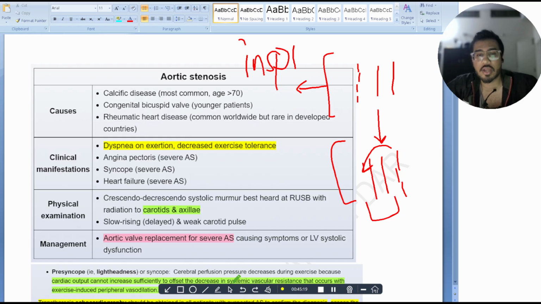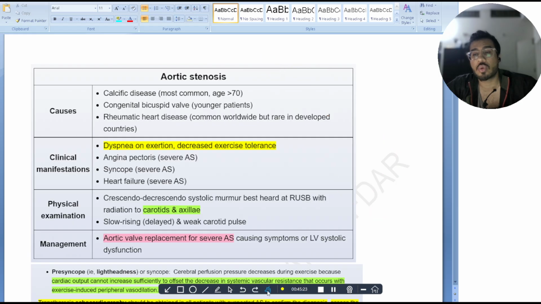So what I mentioned incorrectly was the timing when it comes to inspiration and expiration. The paradoxical splitting would be heard during expiration and narrowed splitting would be heard during inspiration.